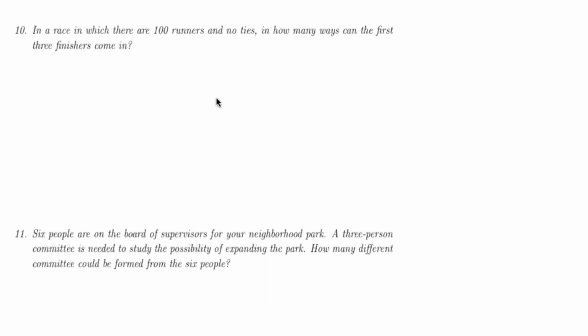Okay, now the question is, can you pick the same person twice? The answer is no, because it says no ties. So no repetition. Does order matter? Yes, because there are 3 winners. Order matters. Permutation. All right, so there are 100, we pick 3.